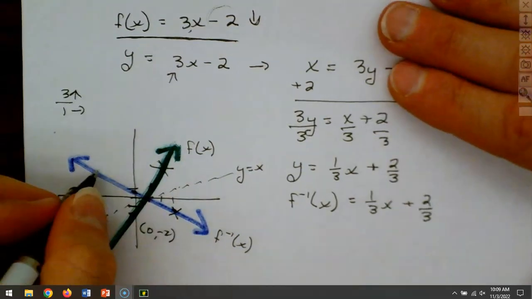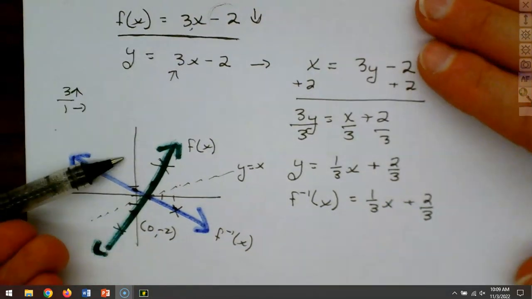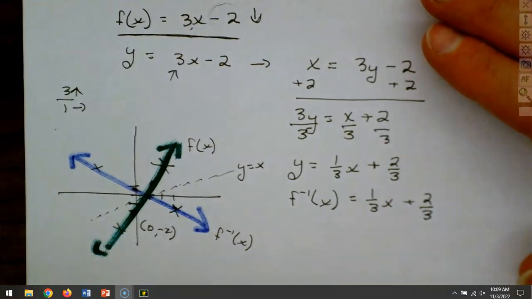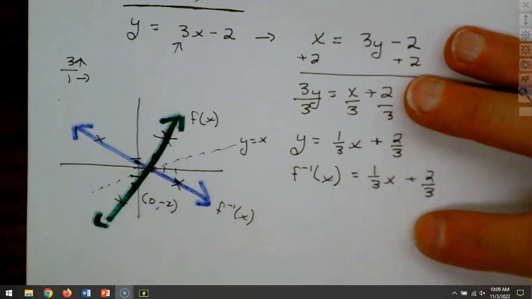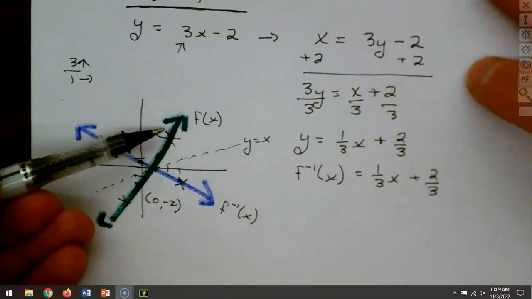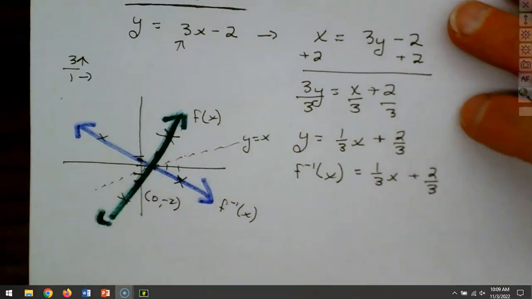Okay, and same thing over here. This one should match up with that one. So it should be able to fold them across the dotted line, y equals x, and they should match up. I'm not going to make you graph these. I just want you to see what inverses are. So inverses fold across that line, y equals x.